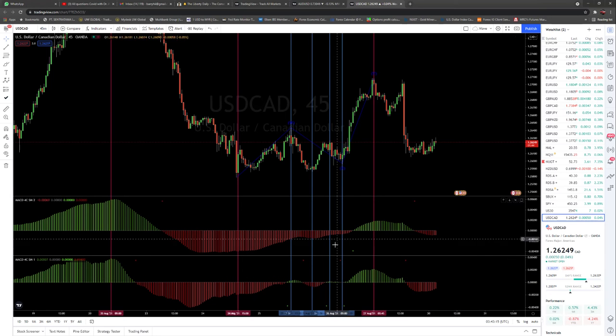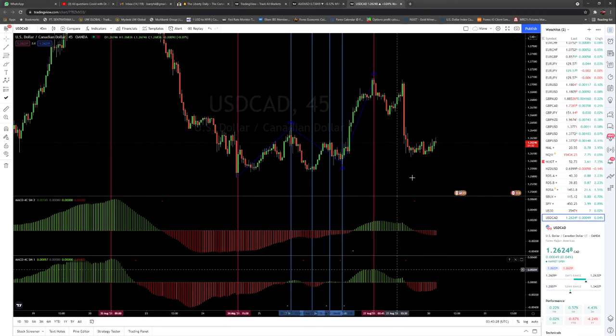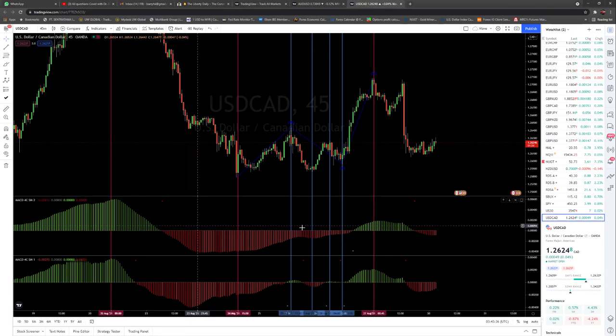Now you see that multiply 2 suddenly there are less pieces in the MACD. That means if this is the base time frame, which is 45 minutes, here times 2 means this is how the MACD looks on 90 minutes. It helps to filter out wave.